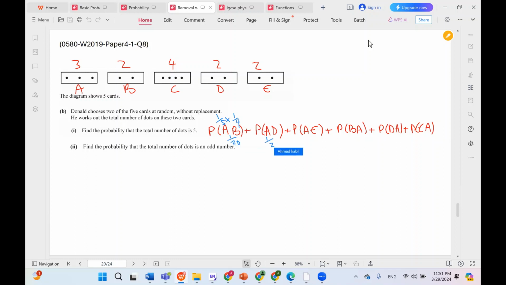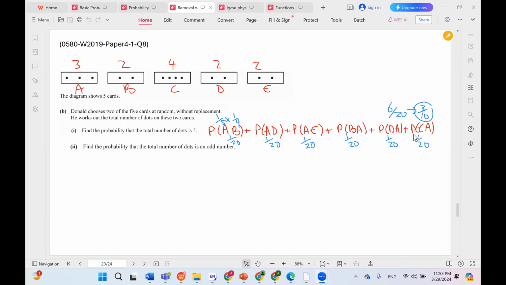All of them have the exact same probability because we're just choosing 2 cards out of 5, so they all have 1 over 20. So the final answer is going to be 6 over 20, or 3 over 10. This would be the final answer for I.